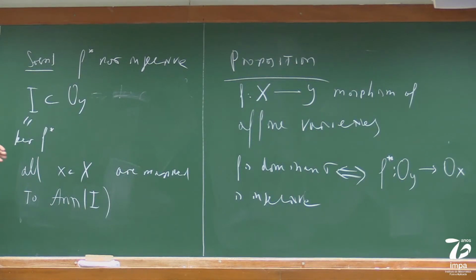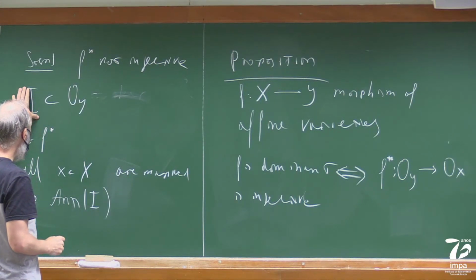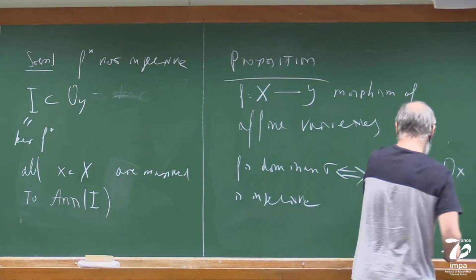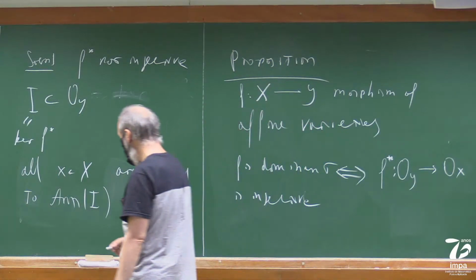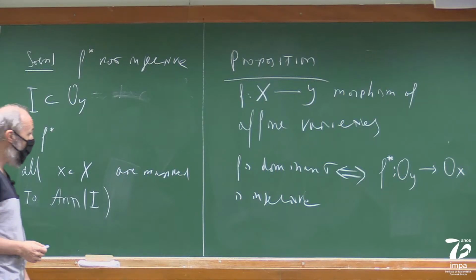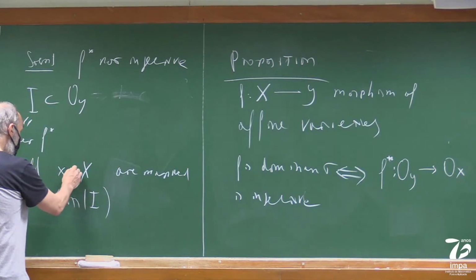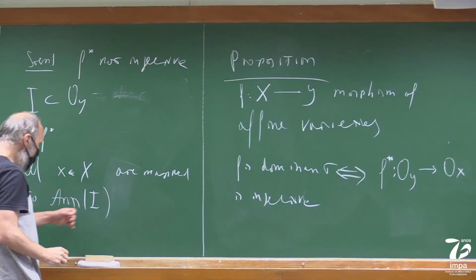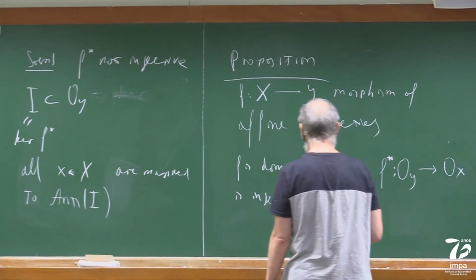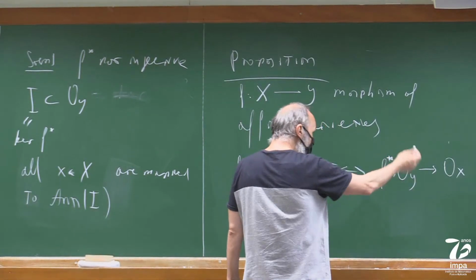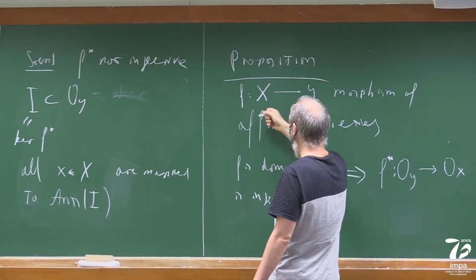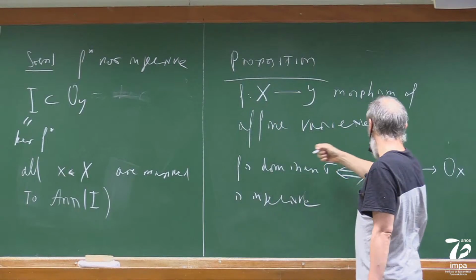because if you have a function which belongs to this ideal, then its image in O_X vanishes. So if you want to evaluate a function from O_Y on the image of a point, and this function was in this ideal, it will vanish on the image of this point.